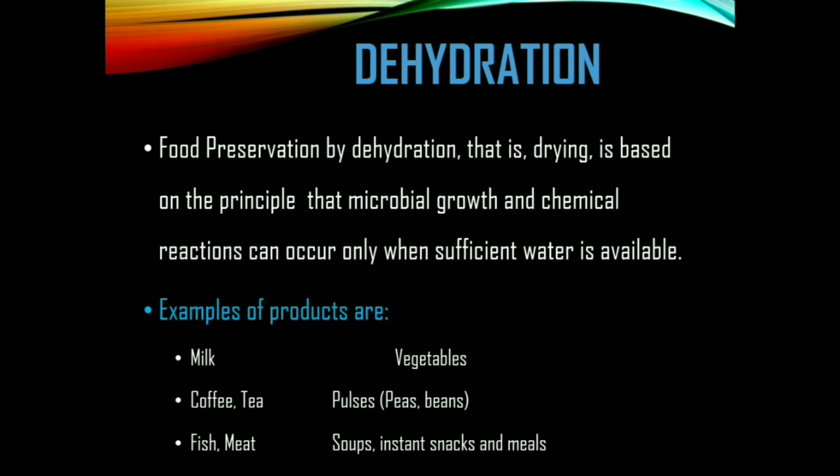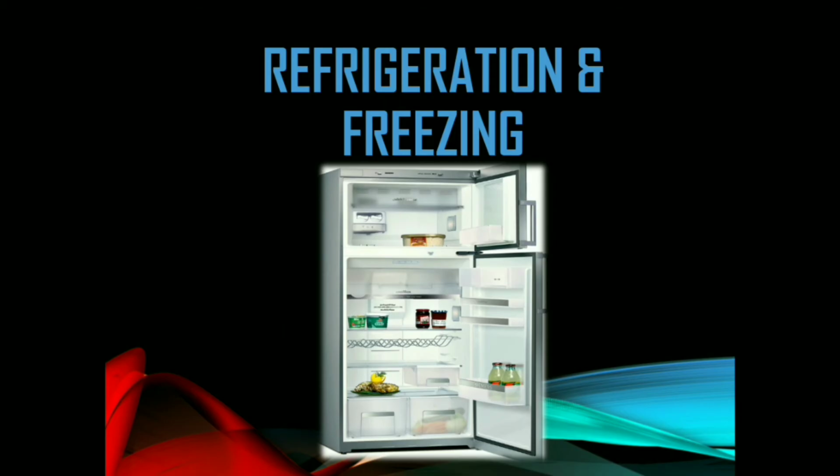Can you think of milk that has been dehydrated? If powdered milk comes to mind, you're correct. We speak of coffee, herbal teas, fish and meat such as with salt fish, vegetables, pulses which are peas and beans, and also soups, instant soups, snacks, and other types of meals.